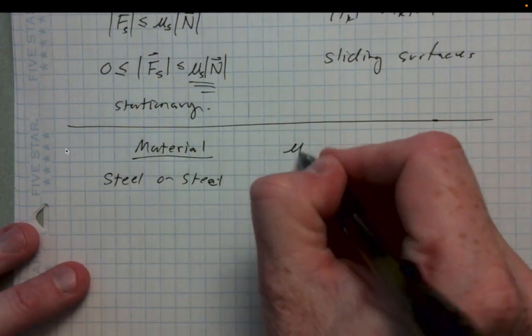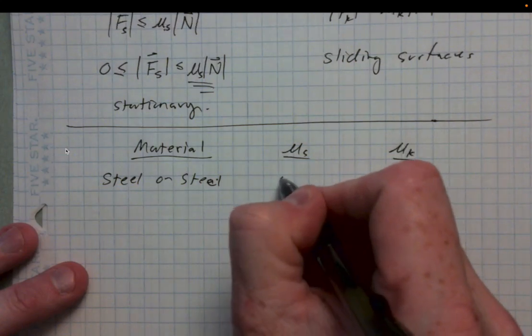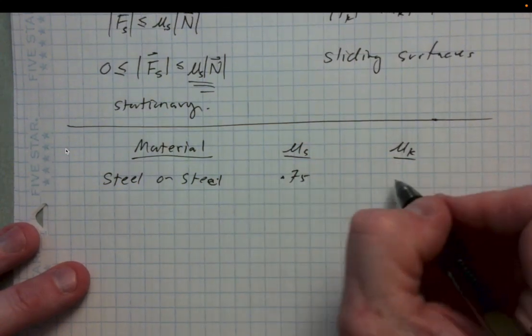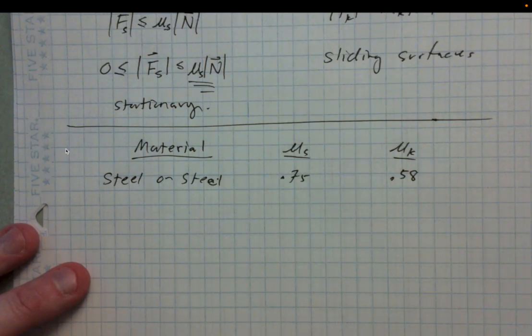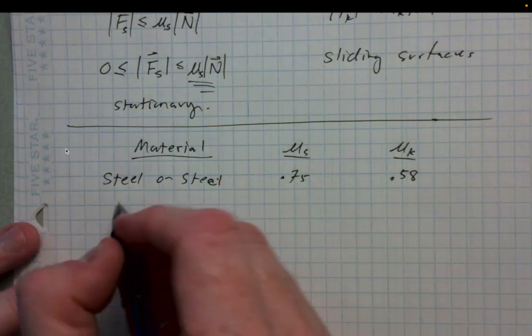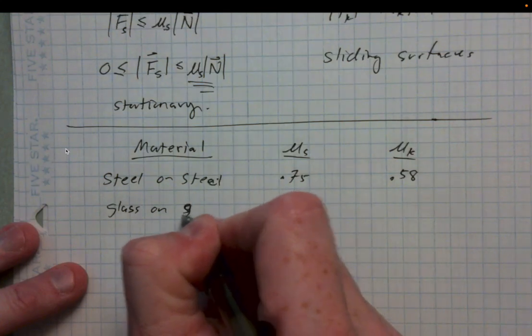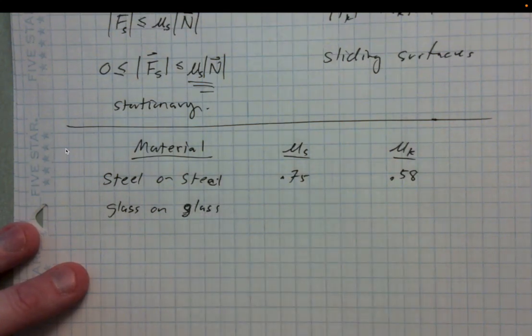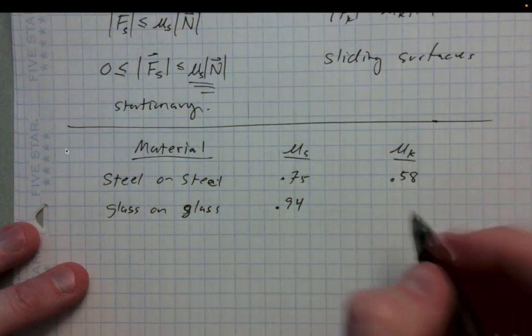For something like that, you might see a mu sub s and a mu sub k of, I don't know, maybe 0.75 and maybe 0.58. Maybe glass, like a glass object sliding on a glass tabletop. There you might see a slightly different 0.94 perhaps, and maybe 0.40.